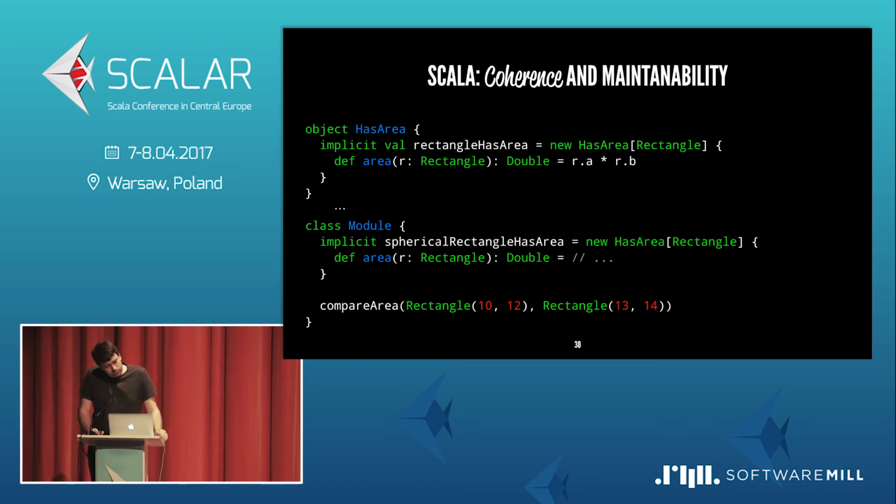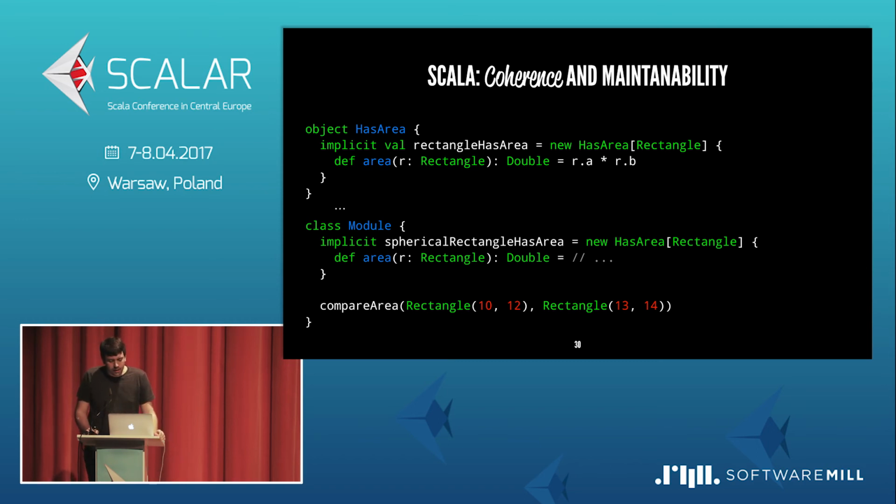And what we see here is that we have another definition of how to compute the area of a rectangle. So if you know something about geometry, if you are computing the area of a rectangle on a plane or on a sphere, those areas might be different. If you don't know what I'm talking about, trust me, they're different. They're two different contexts. So we're saying that the way we compute the spherical area is different. And I'm going to even provide implementation.